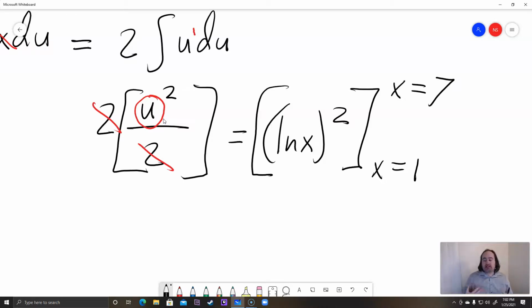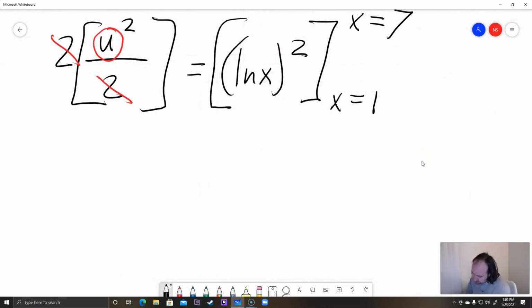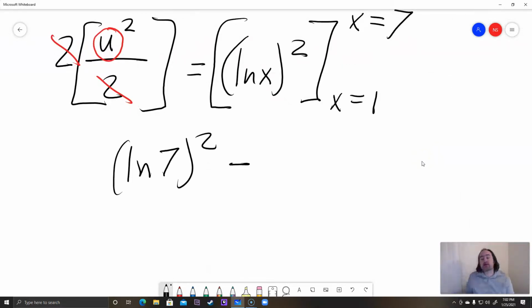Because it's a definite integral, we plug in the top number first, and then we subtract the function evaluated at the bottom number. So we're plugging in 7 first: ln of 7 squared, and then we subtract that function evaluated at the bottom number. So that's minus the quantity ln of 1 quantity squared.